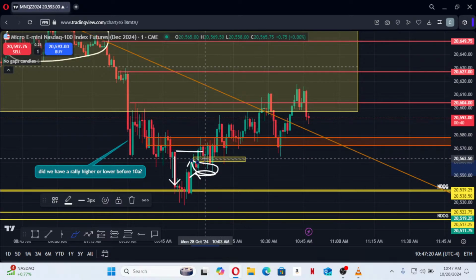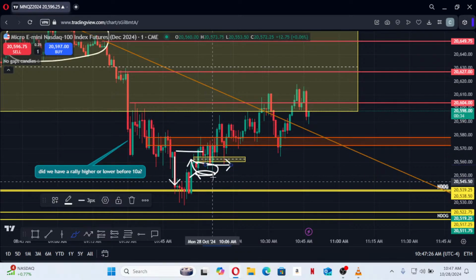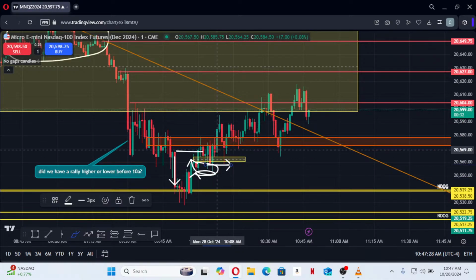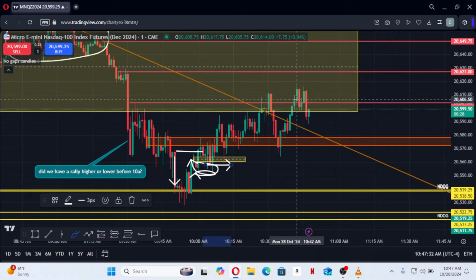When it pushes down, you can mark that out and see if you get a close below that. So low put in here, close below.